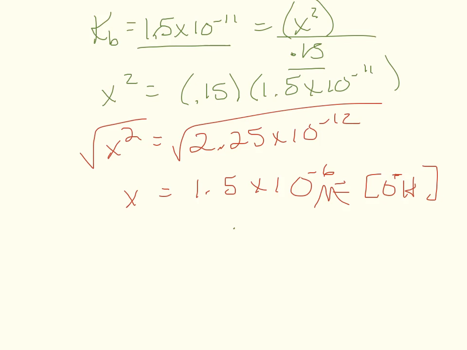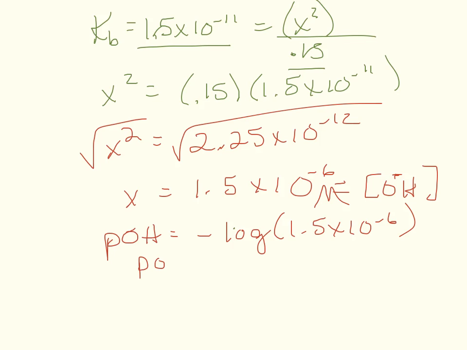But we still need to find pH, okay? So there are a couple ways to do that, and this is why it's a good review of the entire unit. We can go ahead and calculate pOH. That's one way to do it. So that would be minus log of the 1.5 times 10 to the minus 6. And let's see what that would be.